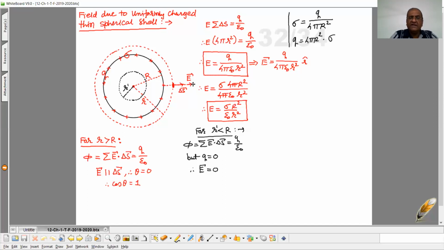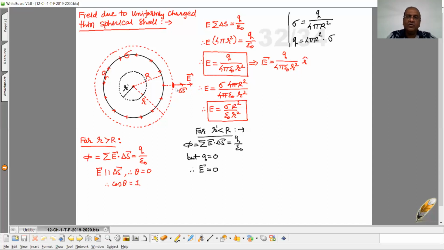Here sigma is greater than 0. So the electric field and this area vector are both radially outward, so they are in the same direction. So theta equal to 0, so cos theta, that is cos 0, is 1. So we can write the sum of E dot delta S as E sum of delta S.